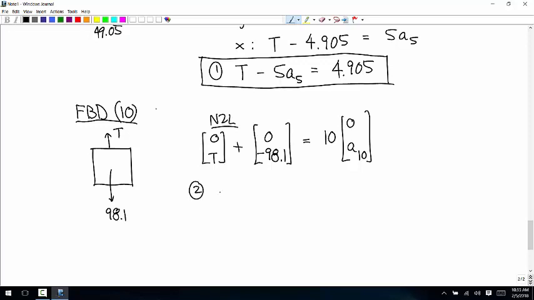So our second useful equation says T minus 10 a10 is equal to 98.1.